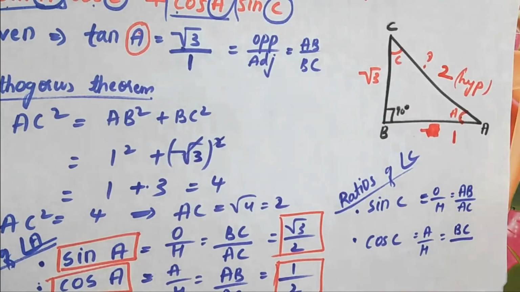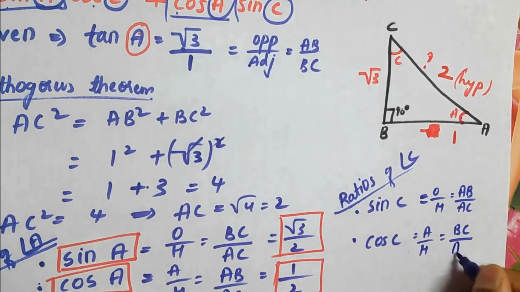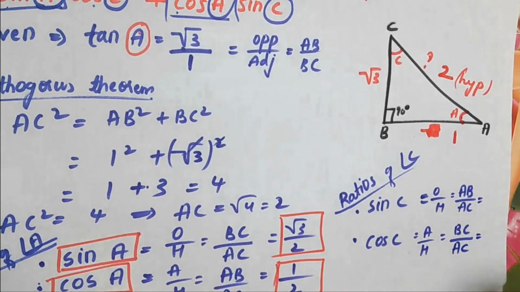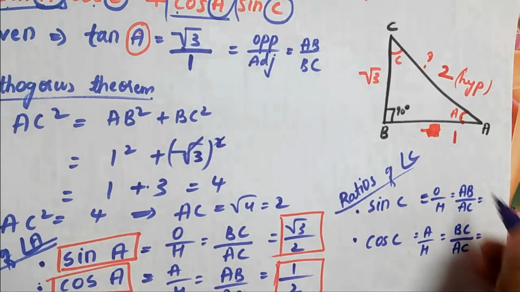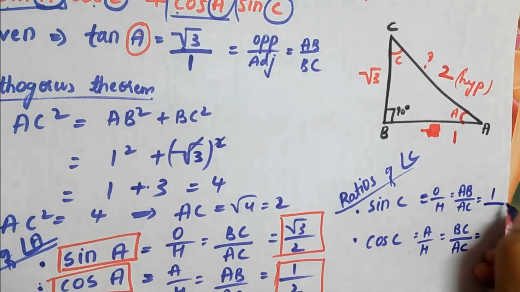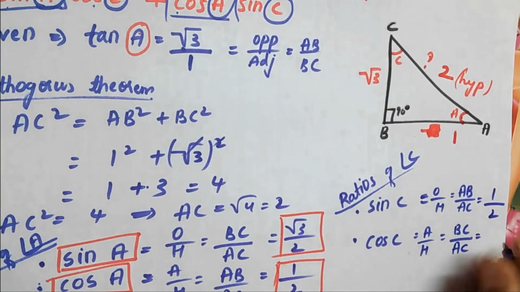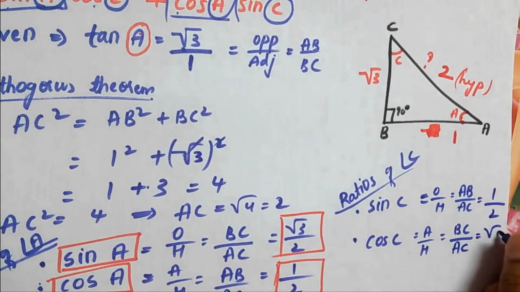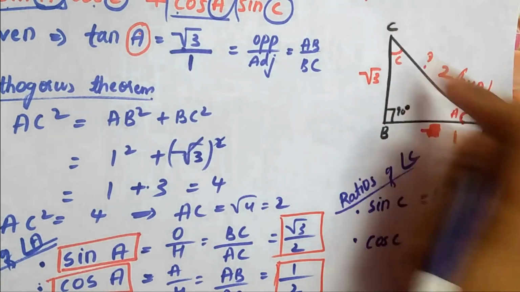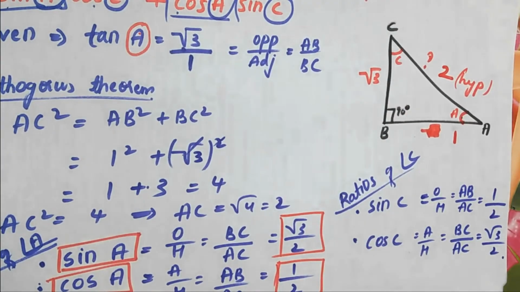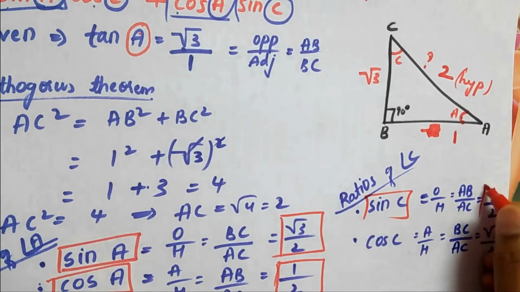And AC is as usual the same; the hypotenuse will not change. Now we'll put in the values. AB's value is 1, AC's value is 2, BC's value is √3, and AC's value is 2. We got the answer for sin C also now, right?